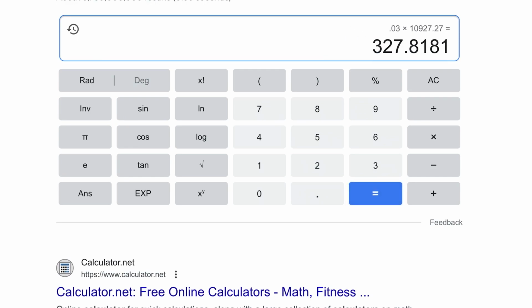So I get 327.8181, but this is in dollars, so I'm going to round it to the nearest cents, rounding to 2 decimal places, which is 327.82.